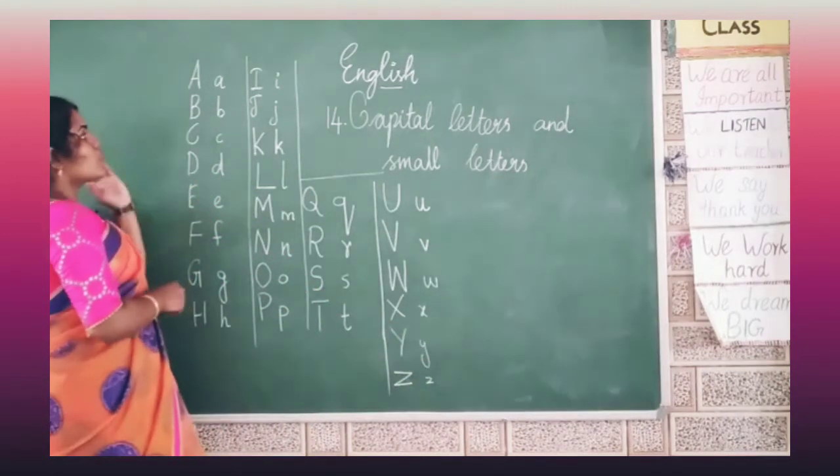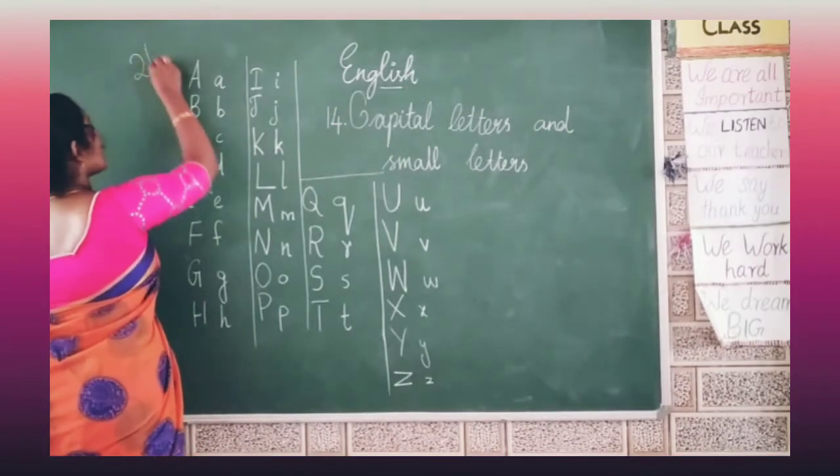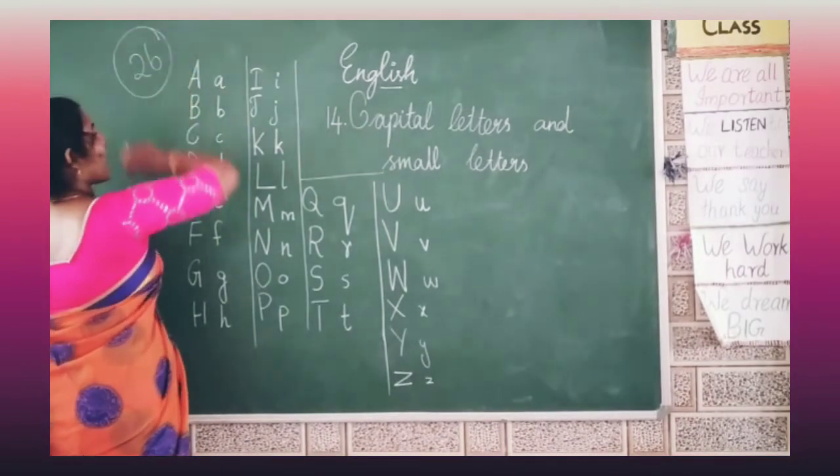Totally we have 26 letters in the English alphabet.